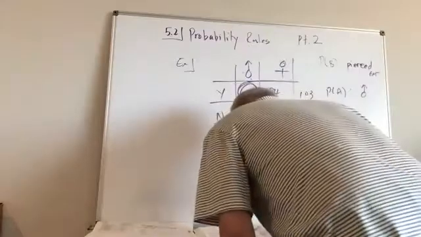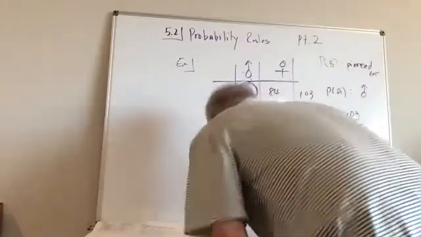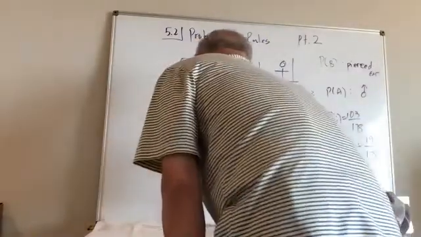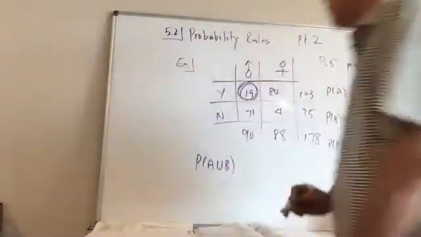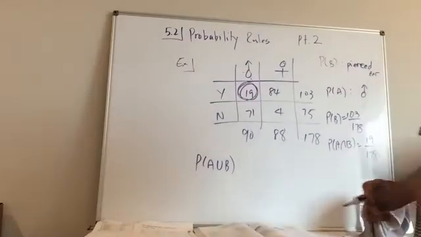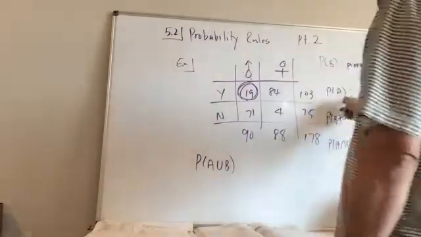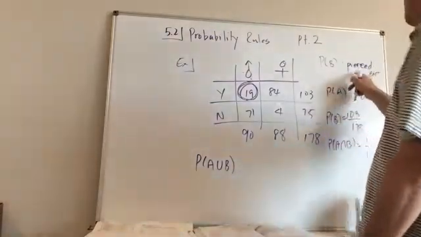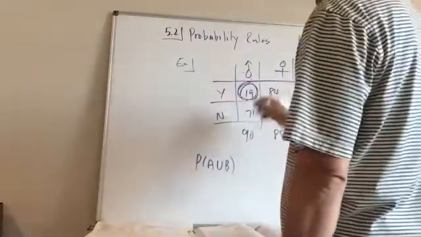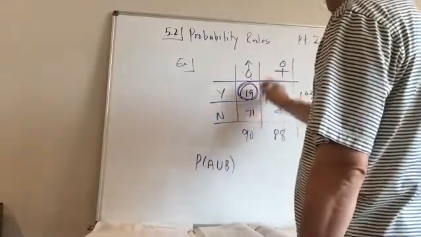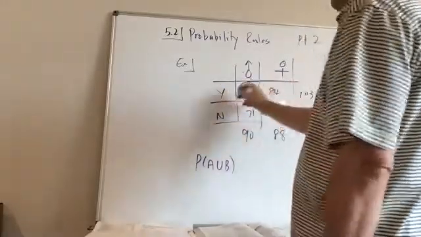The final one is find P(A or B). A or B, so either a male or a pierced ear, right? So male or a pierced ear.